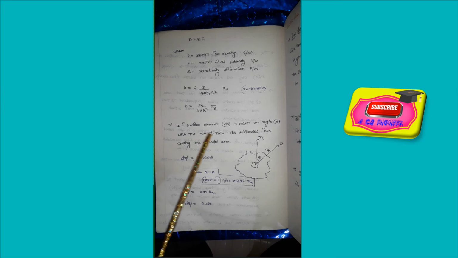If a surface element dS makes an angle theta with the normal, then the differential flux crossing the elemental area is d psi equal to D dS cos theta.